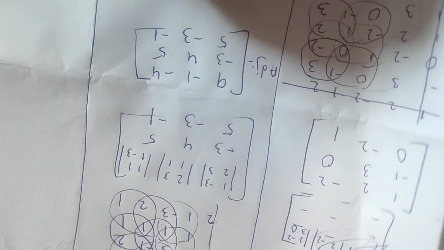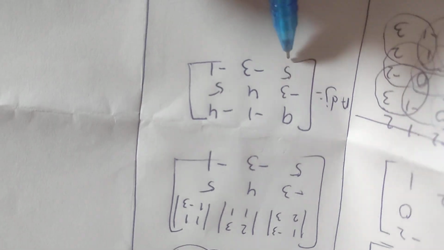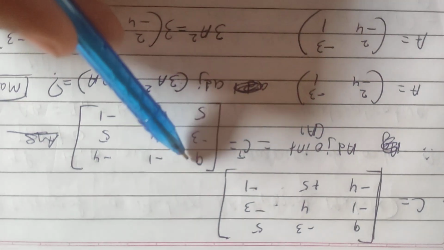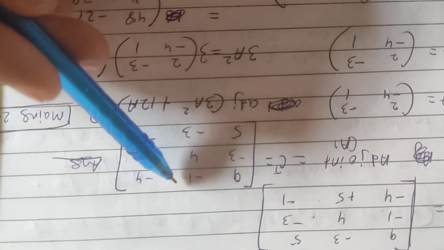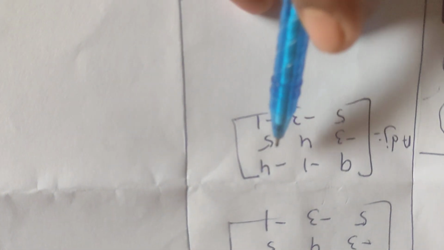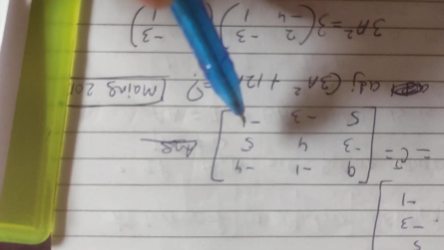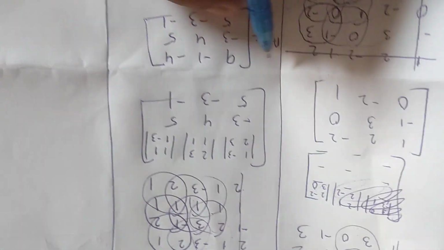Now we will match it. Remember 9 minus 3 5. Okay, here is the answer: 9 minus 3 5, minus 1 4 minus 3, and minus 4 5 1, oh yes, minus 1. Yes, it's correct. So in this way we can apply the trick.